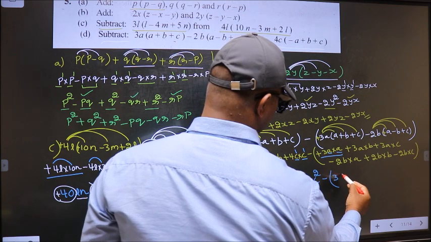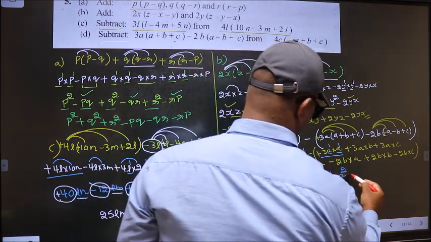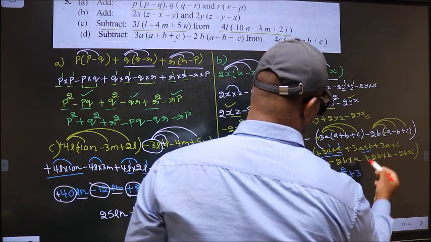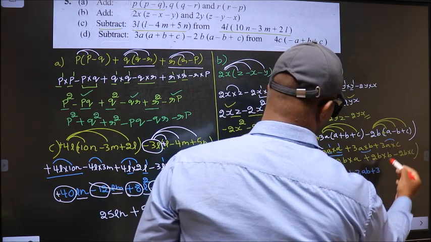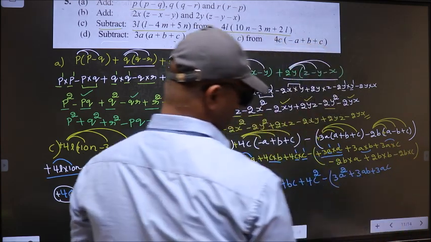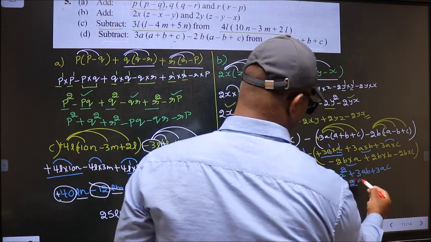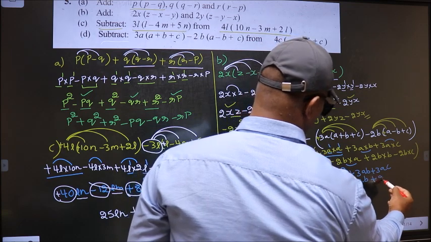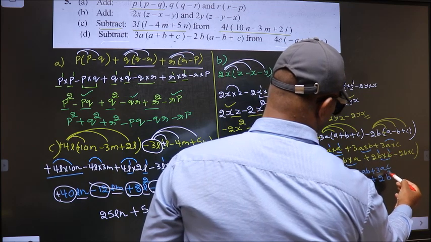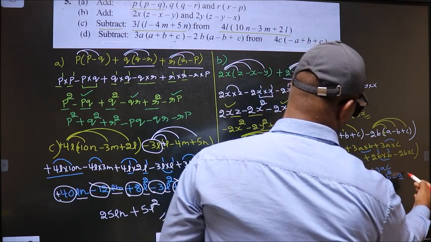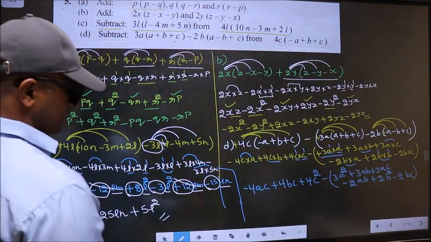Letters are same, so add the powers. 1 plus 1 you get 2. Plus 3, letters are different, so as it is you write. Plus 3, letters are different, so as it is you write. Minus 2, letters are different, so as it is you write. Plus 2, letters are same, so B, add the powers, we get 2. Minus 2, letters are different, so as it is you write. Okay. Next.